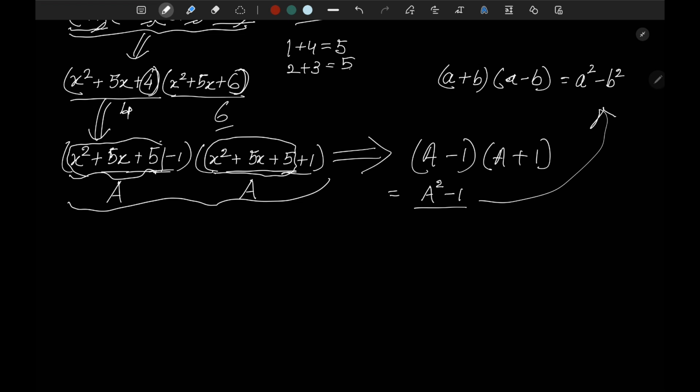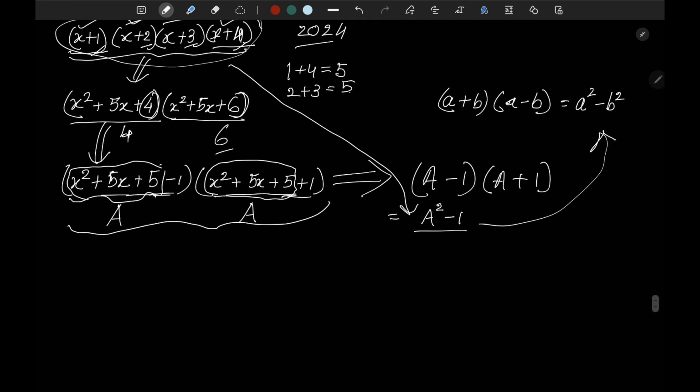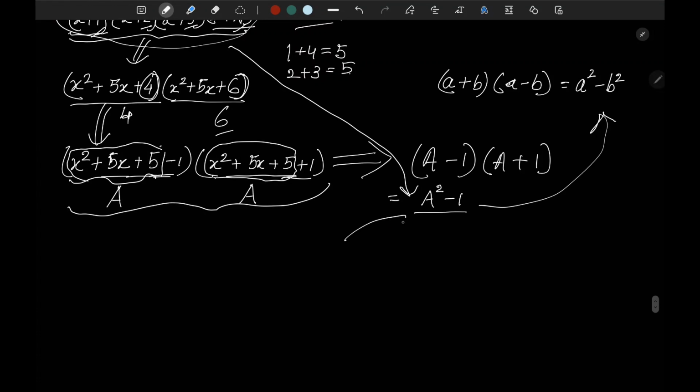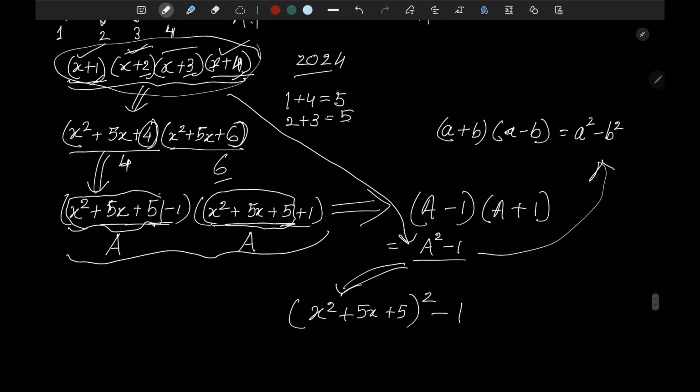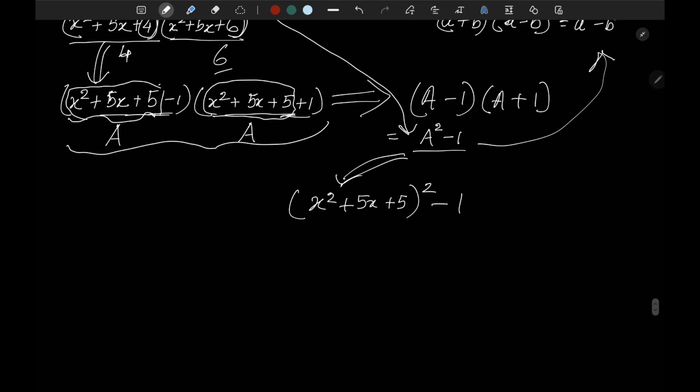So now for this particular part, we have a term which is a square minus 1, or if you want to write it in the form of x, then that is x square plus 5x plus 5 whole square minus 1. You also have that plus 2024. So write that thing.